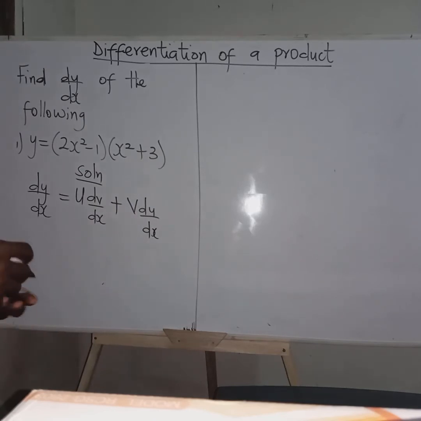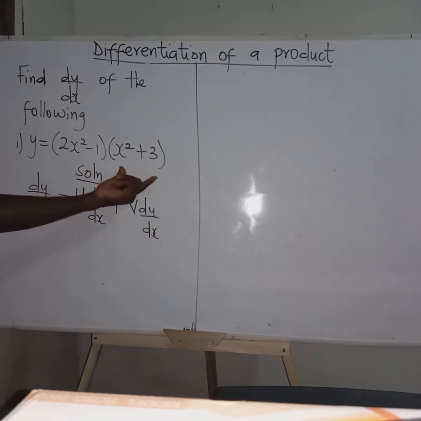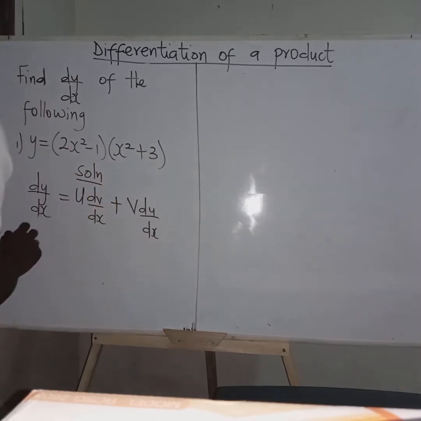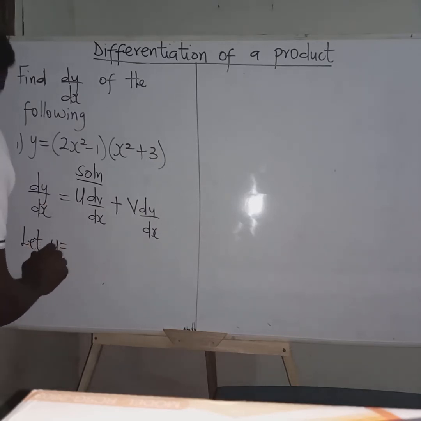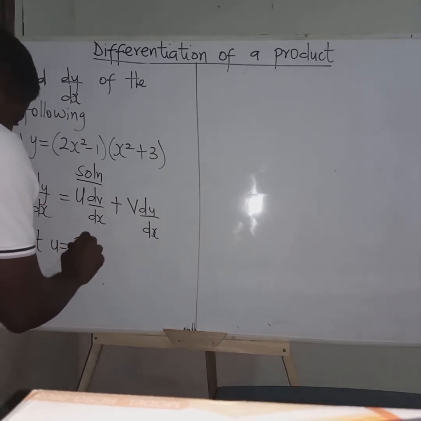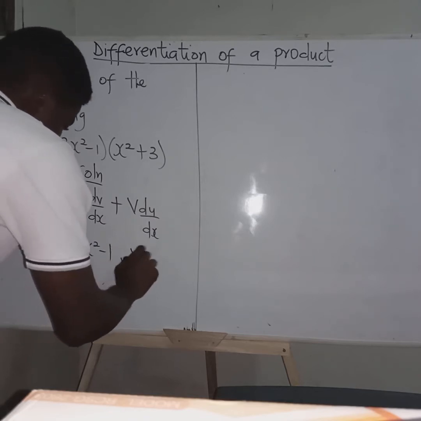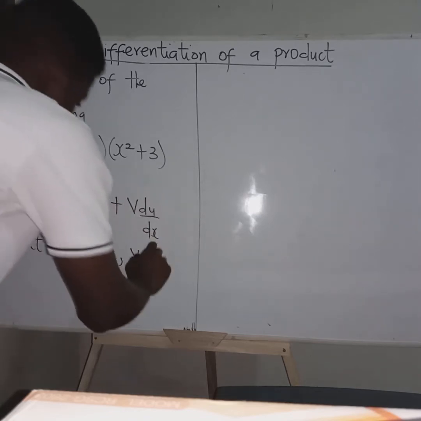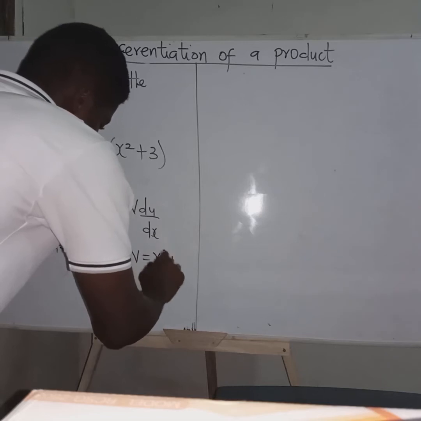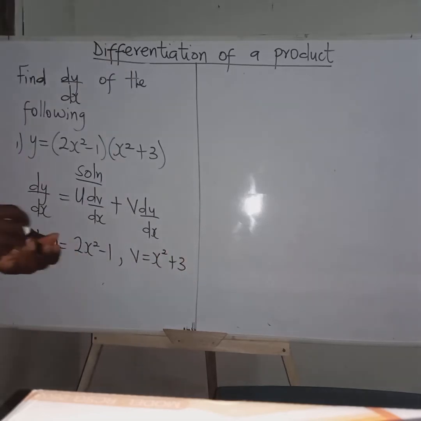And you are going to say, let u stand for the first term and v stand for the second term. So let u be equal to 2x squared minus 1 and v be equal to the second term, which is x squared plus 3.